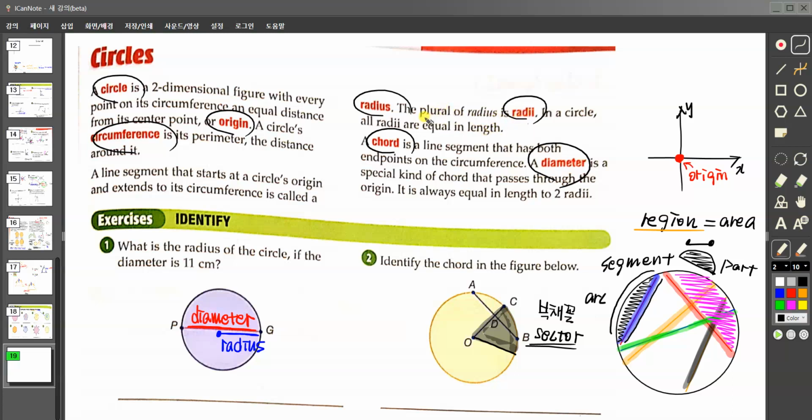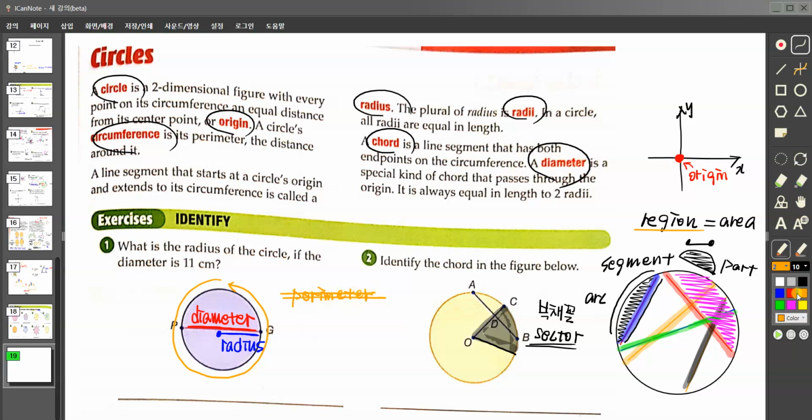Then here, circumference. Circumference means the perimeter, the distance around it. But in a circle, you cannot use the word perimeter, that would be wrong.